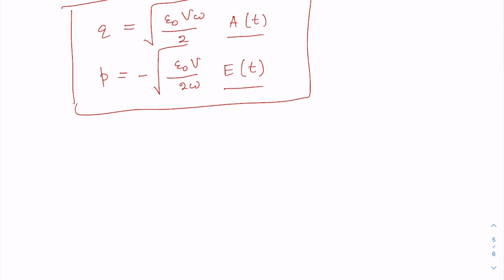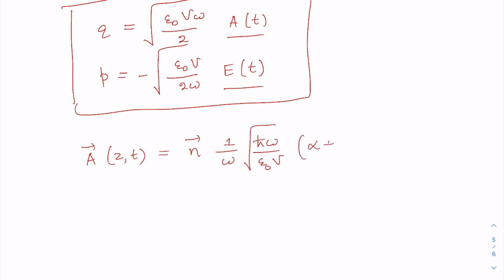Now let us express A and E as functions of alpha and alpha star. You can easily do this; it is similar to the way we have done earlier. So you will get the vector potential as 1 by omega times the square root of h cross omega by epsilon 0 v, times alpha plus alpha star, times sine kz.